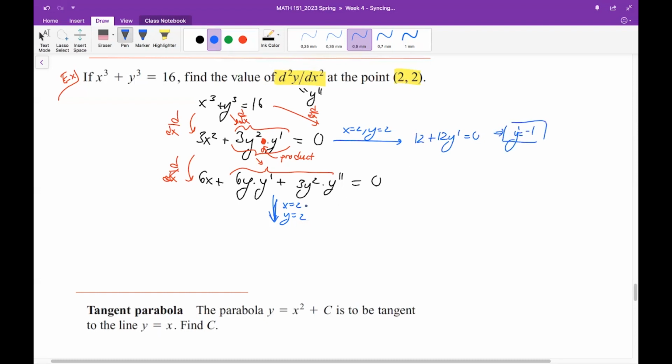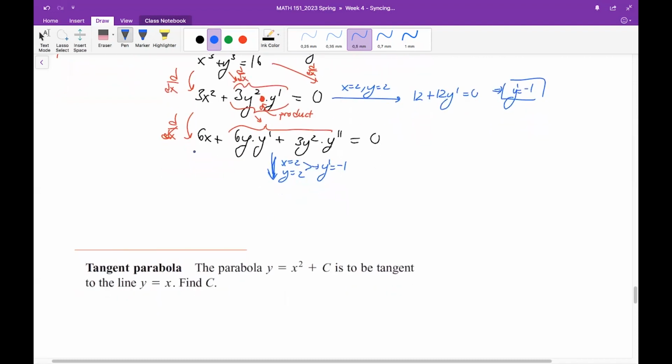And then you will use this information here. Y prime is -1. So insert all this data to this line to solve for y double prime. 6 times 2, y prime is -1, 3 times 4, y double prime equals 0, of course.